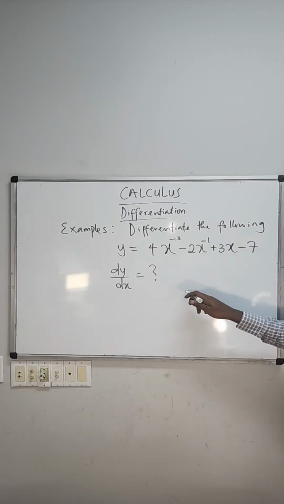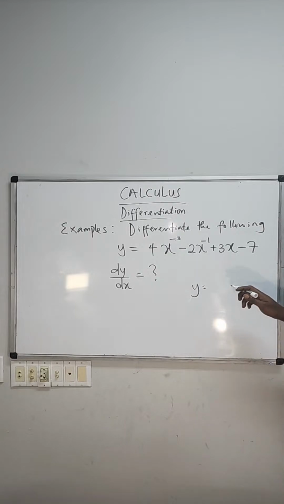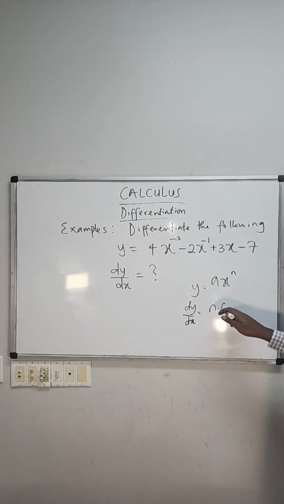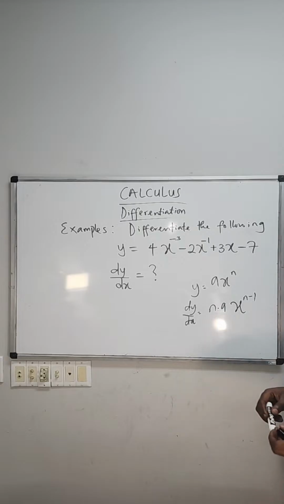Don't forget that if y equals ax to the power of n, then your dy/dx is going to be n times a, x to the power of n minus 1. So this is the same method we're going to be using.